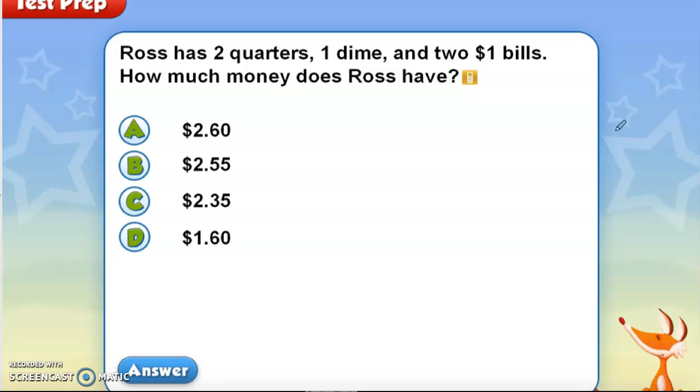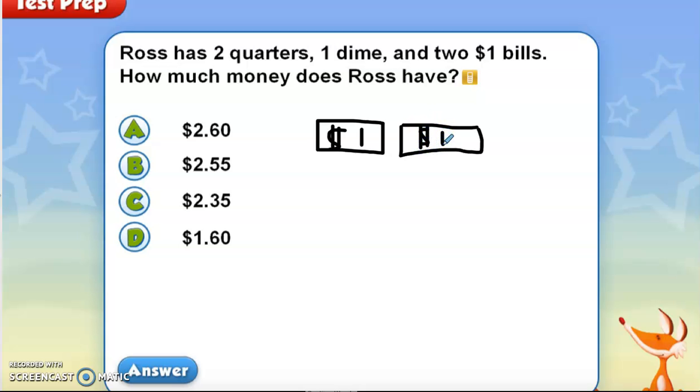The information that we can use is that he has 2 quarters, he has a dime, and he has two $1 bills. So I'm going to make first my $1 bill. Again, I'm just drawing a picture. It's kind of hard to do with a mouse on a computer. But we have one $1 bill there, and then we have another $1 bill there.